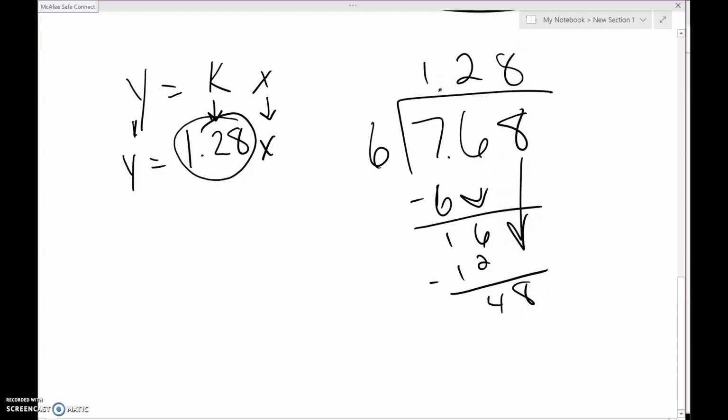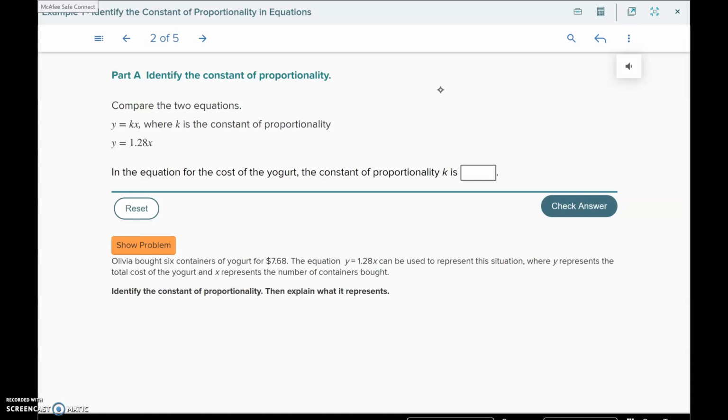So it's the cost per container. So in the equation, the cost of the yogurt, the constant of proportionality, the k, is how much one container costs, or is our unit rate.